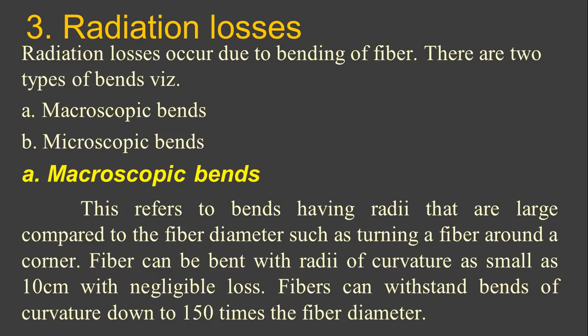In case of macroscopic bends, this refers to bends having radii that are large compared to the fiber diameter, such as turning a fiber around a corner. A fiber can be bent with a radius of curvature as small as 10 centimeters with negligible loss. Fibers can withstand bends of curvature down to 150 times the fiber diameter.